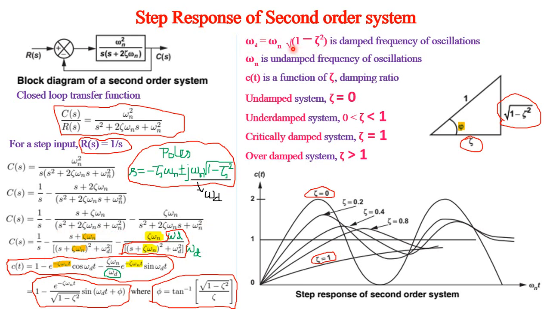Omega d square means omega n square into 1 minus zeta square. And if we expand this s plus zeta omega n whole square, we get s square plus zeta square omega n square plus 2 zeta omega n s.